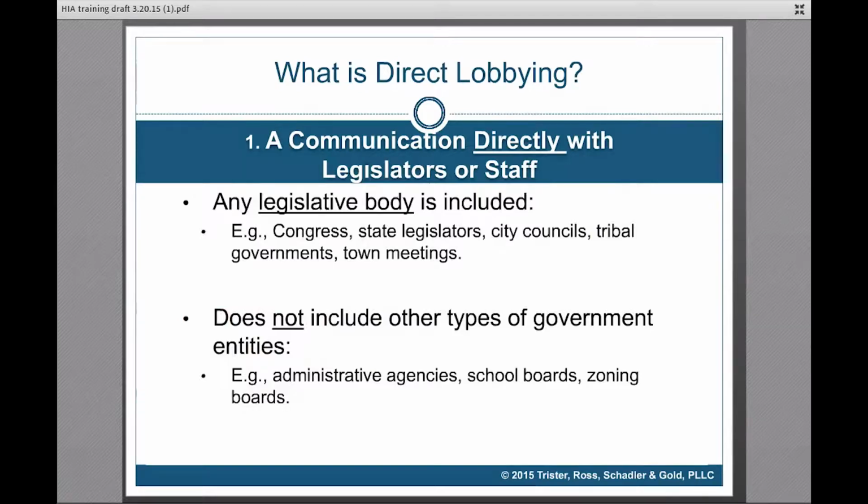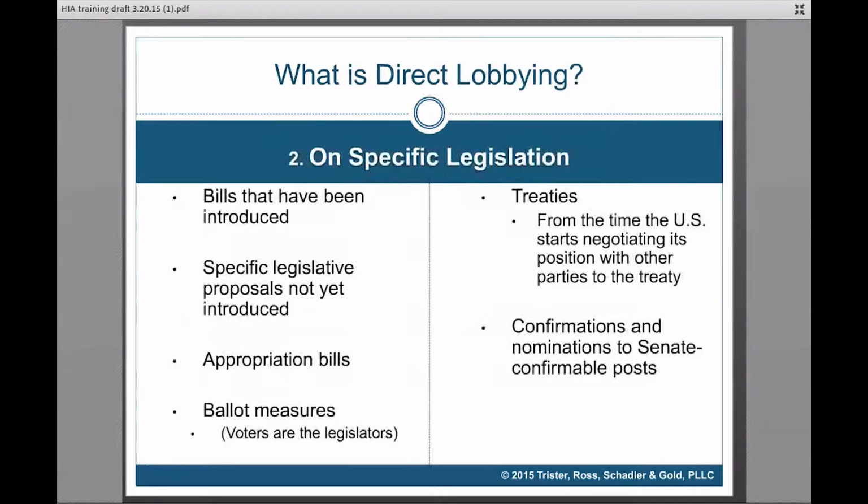The communication may reflect a view without explicitly supporting or opposing the legislation. Very often, groups in the public health field feel that they're talking to legislators without reflecting a view. From the perspective of the organization, they're simply providing educational information to the legislators about the impact that a proposed piece of legislation might have.